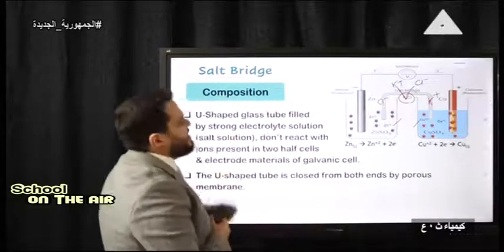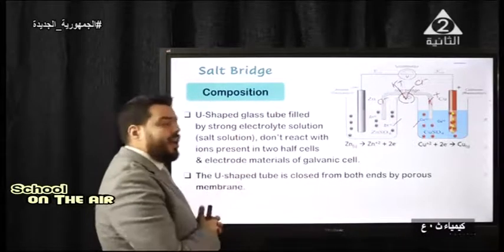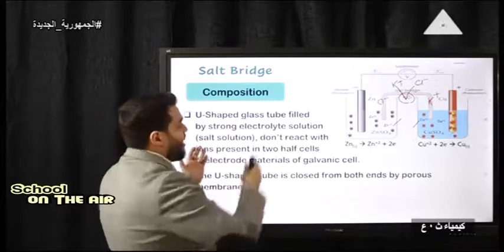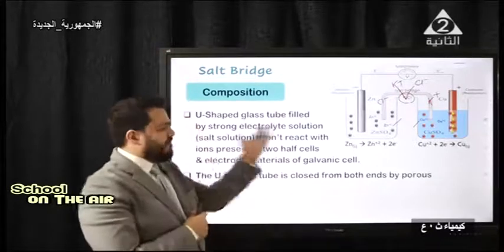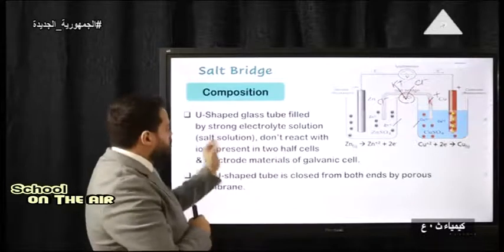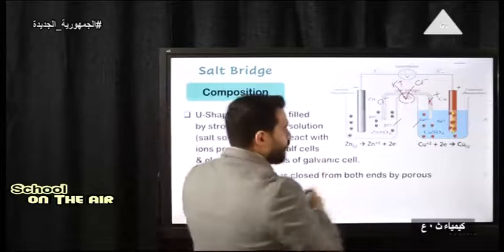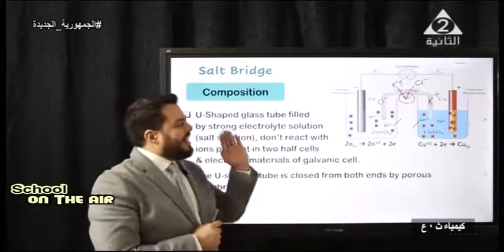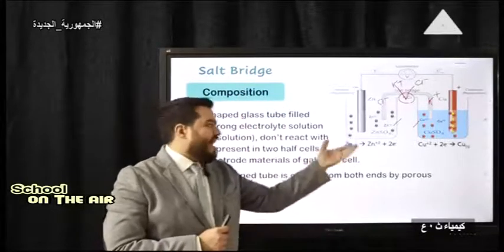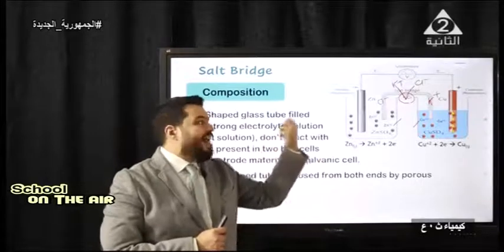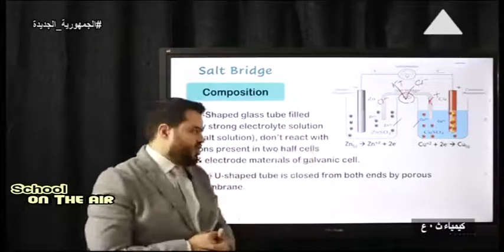And you will know that importance in the next slide. Okay? So we have a salt bridge, which is a U-shaped glass tube filled with a strong electrolyte. And you have to know that this strong electrolyte cannot react with the anode half cell reaction or with the cathode half cell reaction.